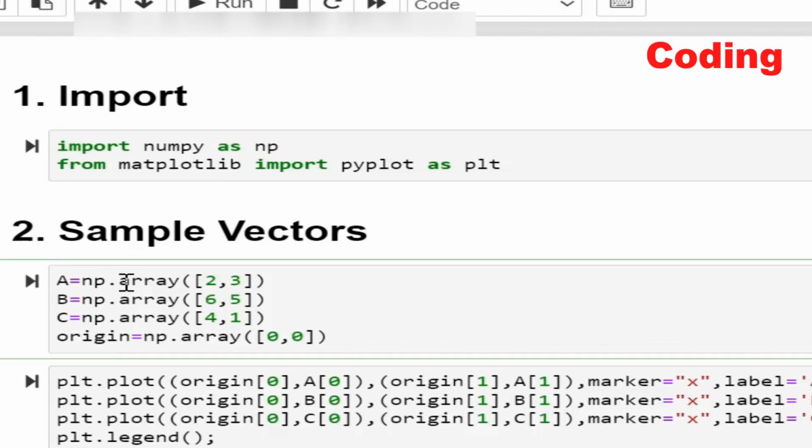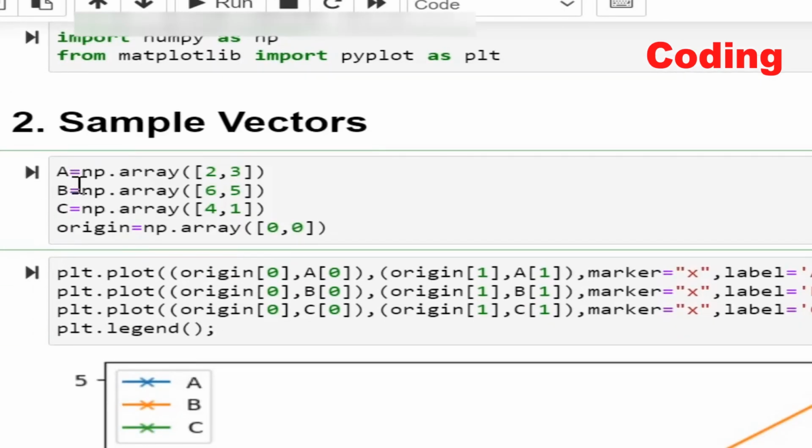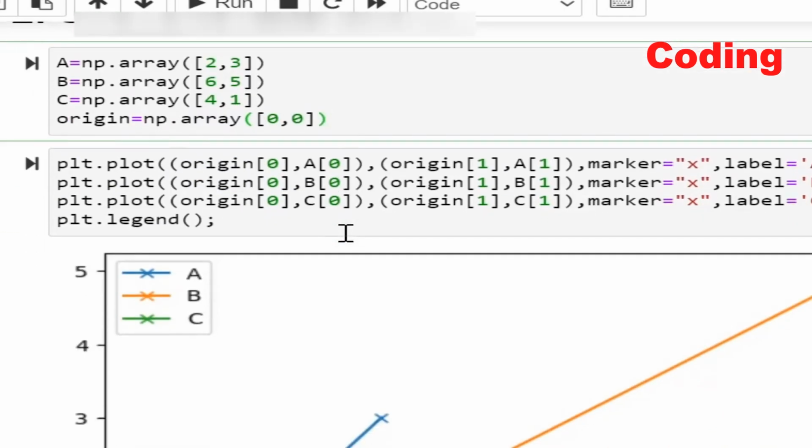In the second step, we define three vectors: A, which is 2, 3, B, which is 6, 5, and C, which is 4, 1. And all the vectors start from the origin 0, 0. In the next step, we'll be plotting those vectors.